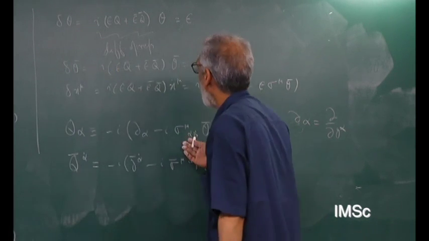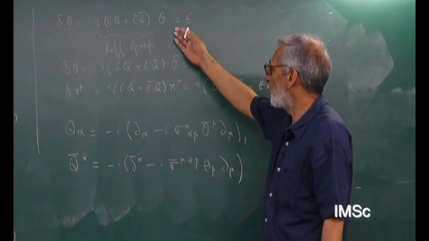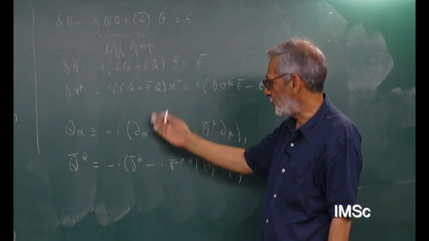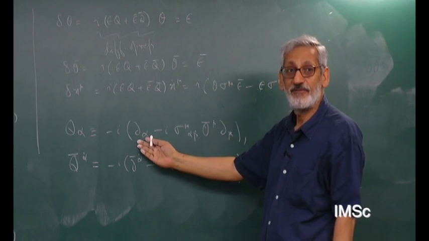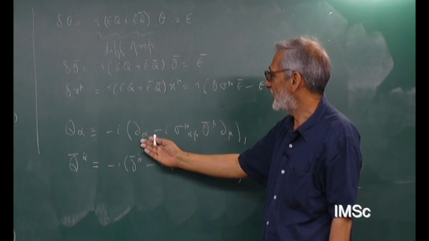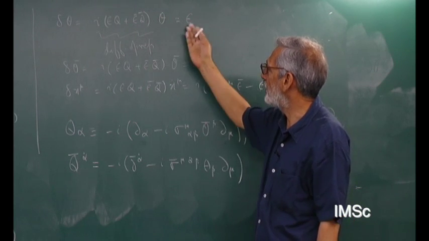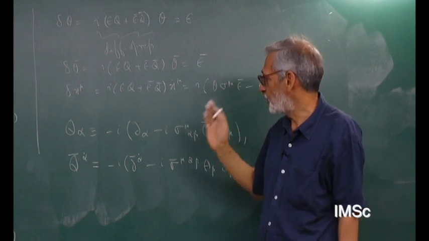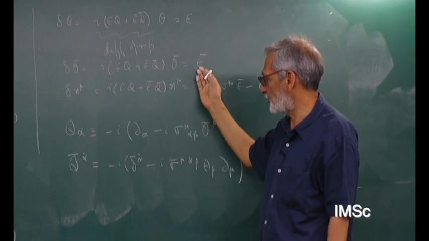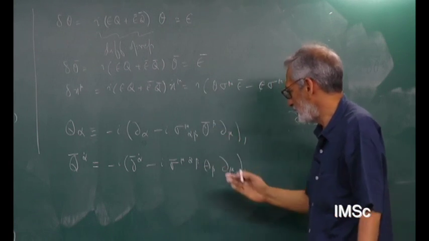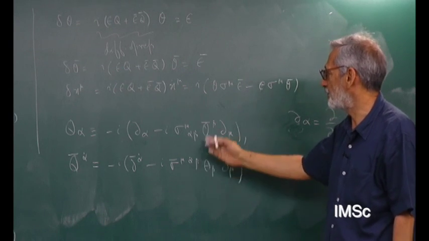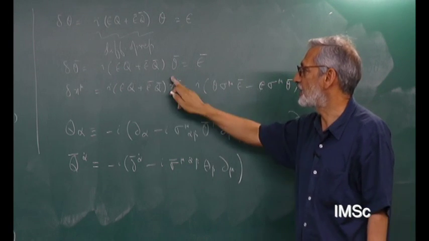It's straightforward to check that this is precisely what this is. d mu acting on theta is 0, so only this piece contributes. So d alpha acting on theta alpha gives epsilon, there's an i and the i goes away, that's what it is. So this piece is trivial, this piece is also trivial, this piece needs a little bit of calculation.